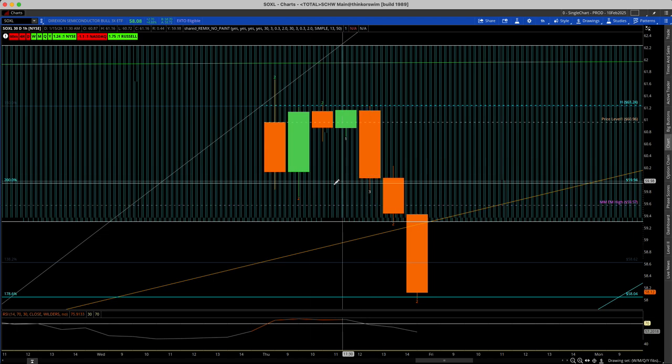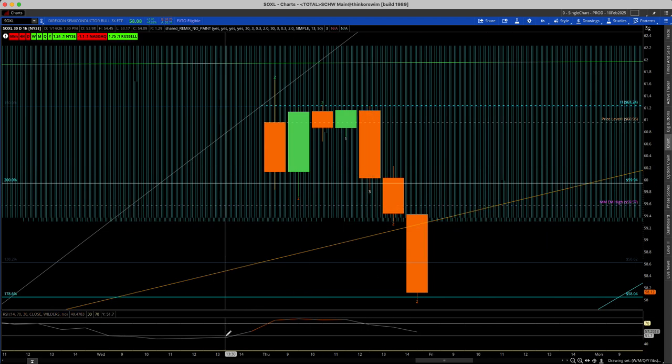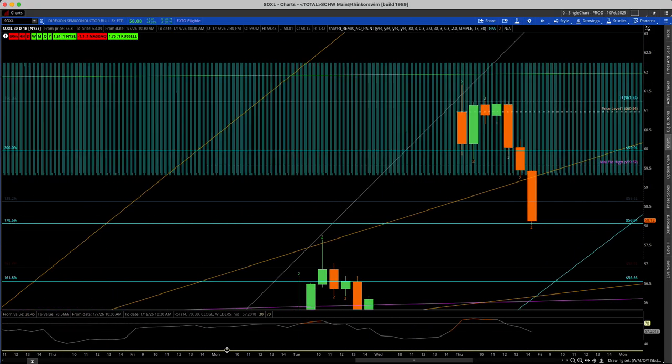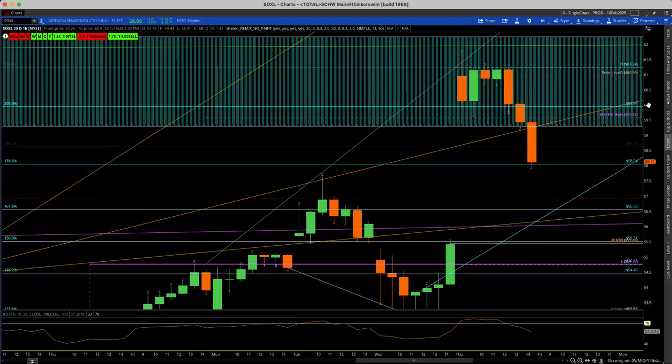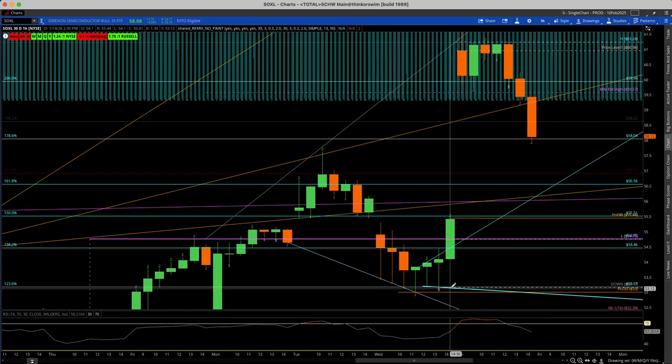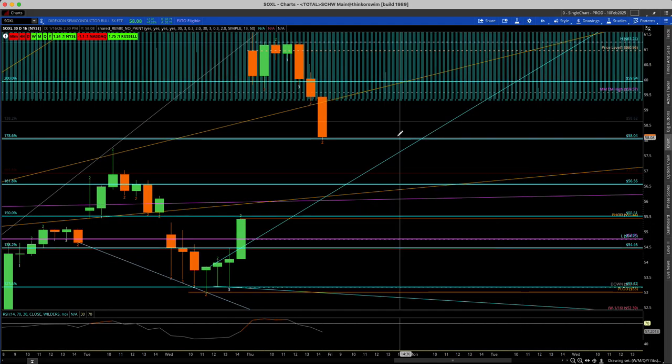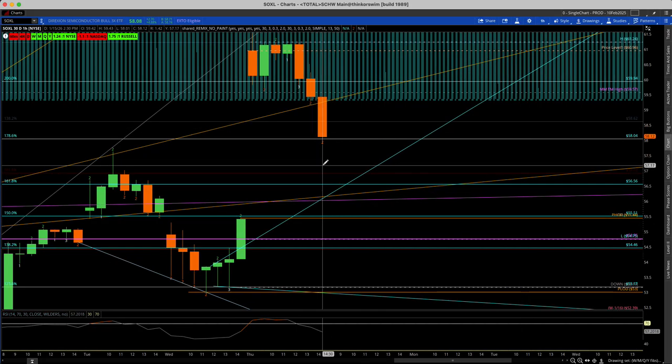We have the rest of the gap remaining from this morning, and really a lot of room to put in a higher low, even on the hour time frame. If we come all the way down, back down to 53 before we would make a lower low, there's plenty of room for us to come down and make that higher low.